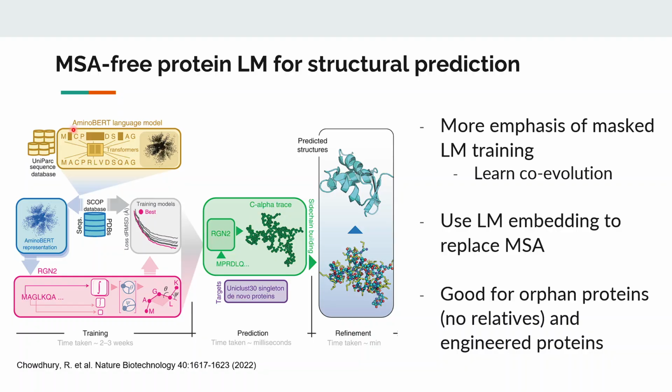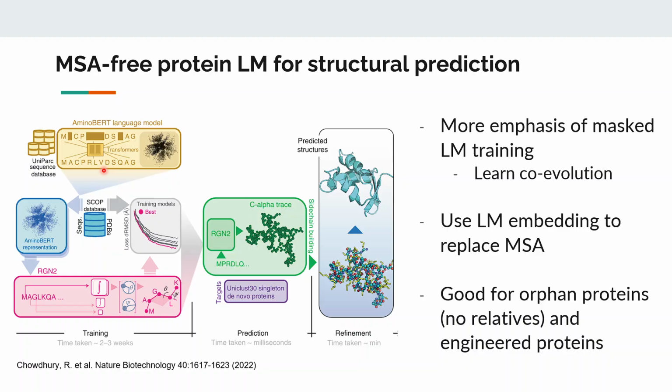So the model doesn't really understand evolution. We don't feed it multiple sequence alignment, but we ask the model to understand what the natural proteins are, because it can fill in this alanine, this arginine. It understands that if it sees this kind of sequence, it must correspond to this protein. So the model can understand a little bit about what proteins or what amino acid sequences are possible in nature.